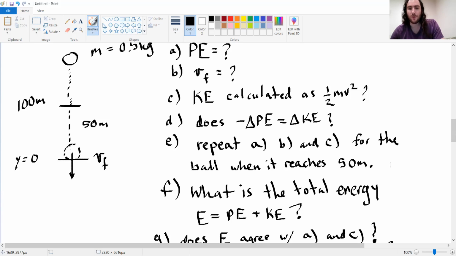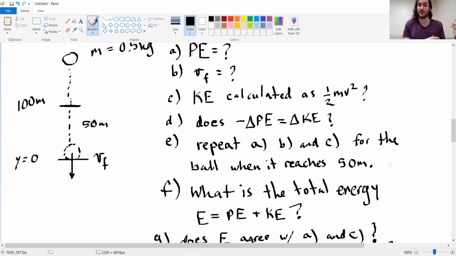Go ahead and finish the problem anyways, on your own time, because it's very helpful to go through at least one problem like this, where you calculate everything at different stages of the motion and prove to yourself that all of the physics is self-consistent, like everything is working everywhere in the problem, as we've shown that it should.